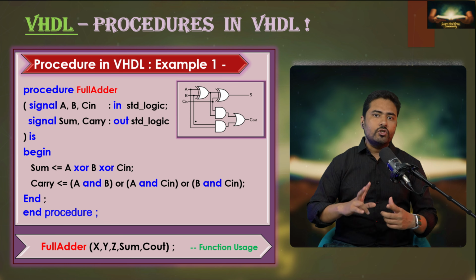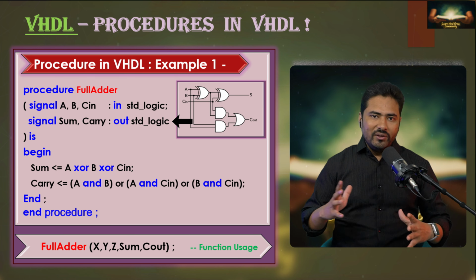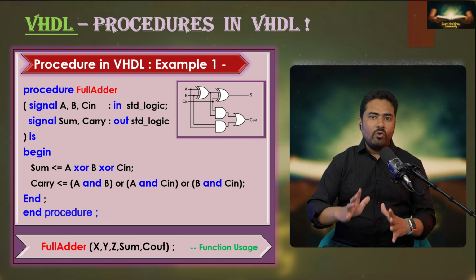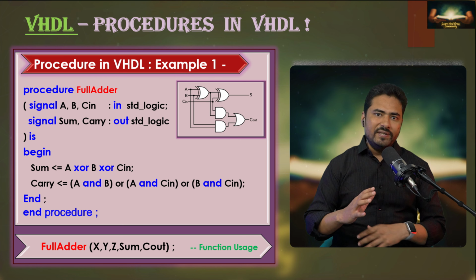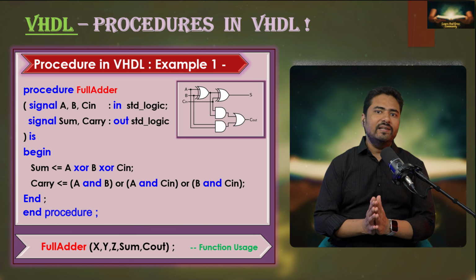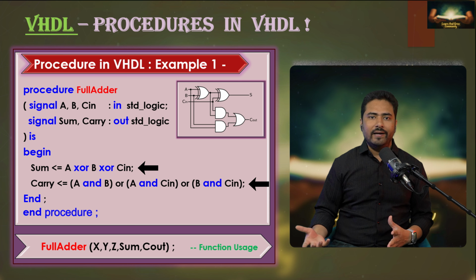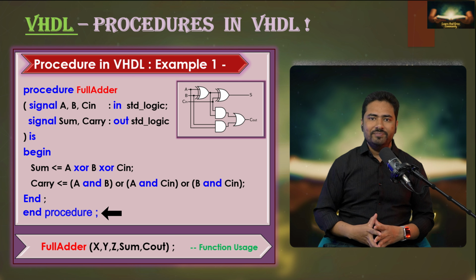We also have two std_logic outputs for sum and carry. These are declared just like port signals, but here they are called parameters of this procedure. Now, inside the procedure body, we assign the values to the sum and carry signals according to the circuit diagram, and we finish the procedure with the end statement.